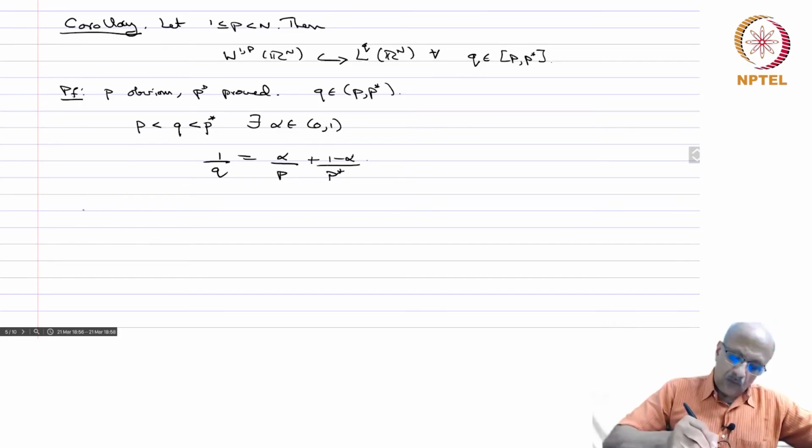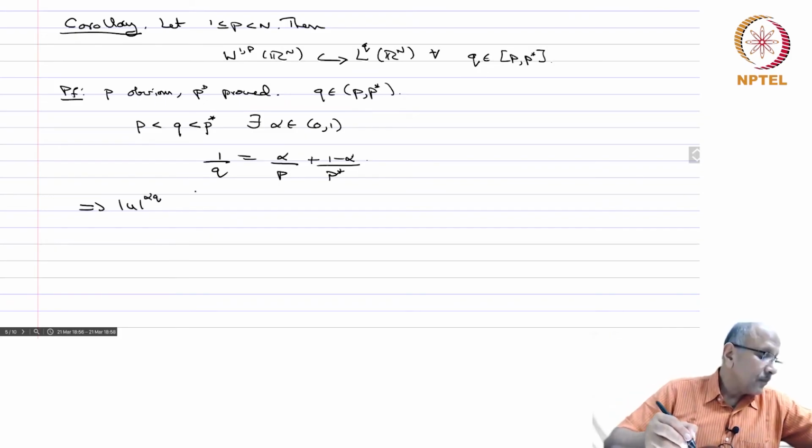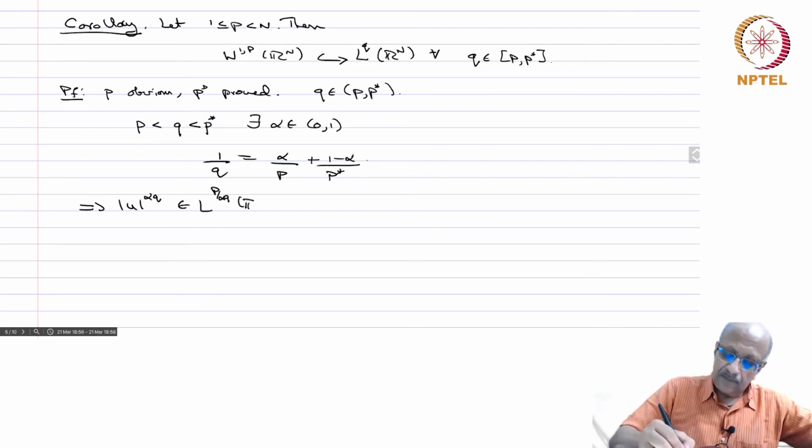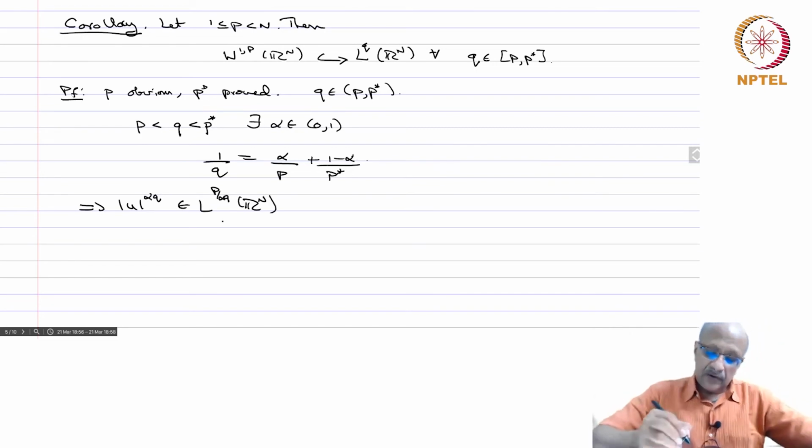Okay, so then what does this imply? This implies that |u|^{alpha q} belongs to L^{p/(alpha q)}(Rn), because if I take the p/(alpha q) power of this, I will get |u|^p, which is finite, and p/(alpha q) because of this relationship is bigger than or equal to 1.